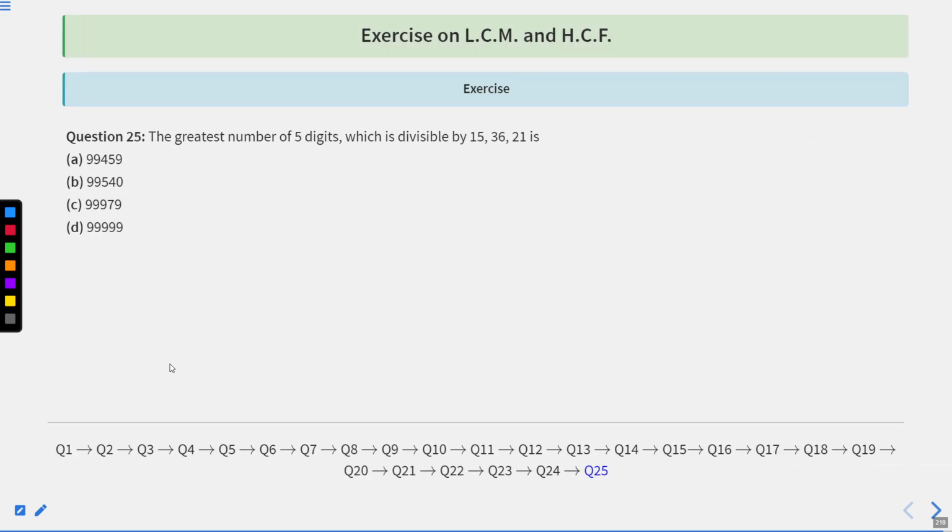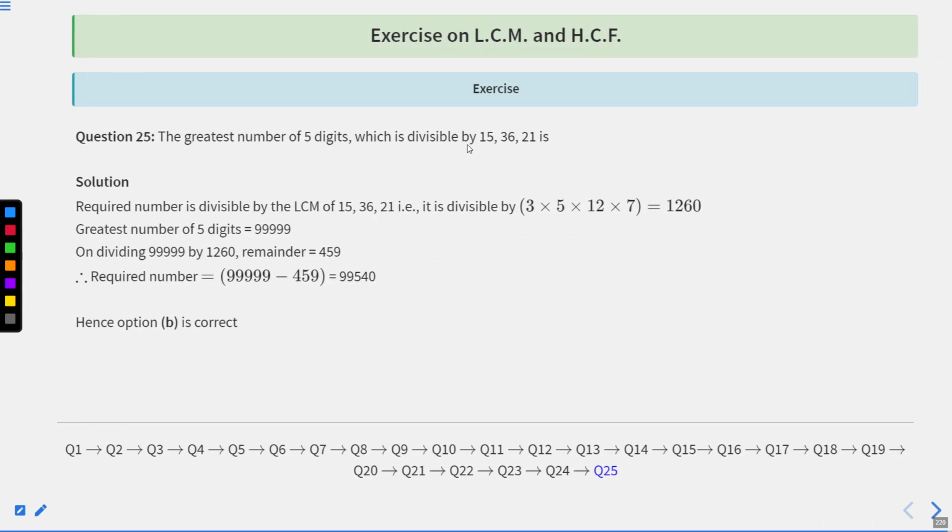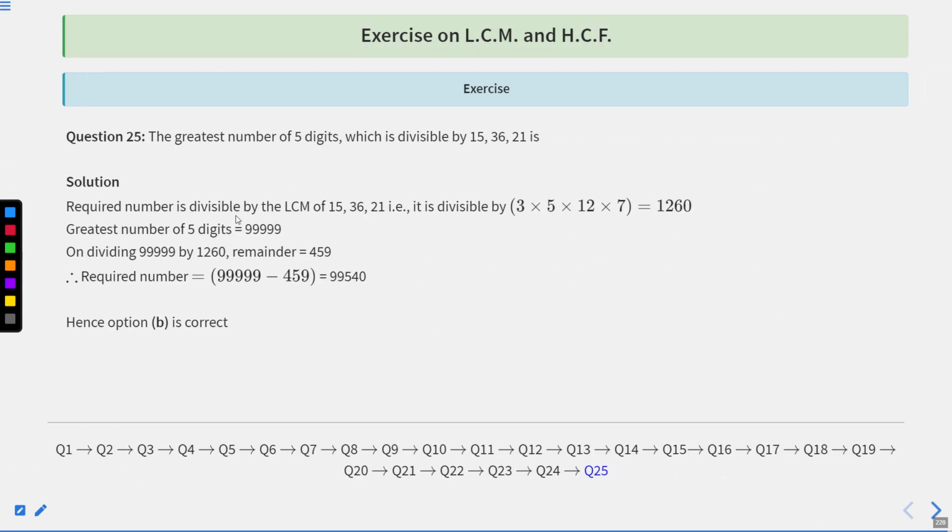Let us now see our last question, that is question number 25. The greatest number of 5 digits which is divisible by 15, 36 and 21. Solution. The required number is divisible by the LCM of 15, 36 and 21, that is 3 times 5 times 12 times 7, which is equal to 1260.